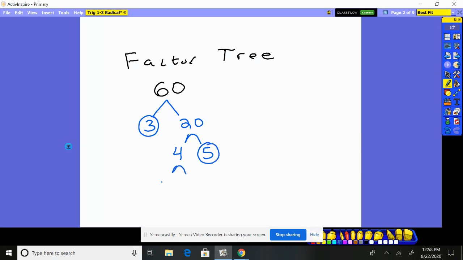And then I'm going to break 4 down to a 2 times 2, which can't go any further because they're prime. That means 60 is the prime number 2 times the prime number 2 times the prime number 3 times the prime number 5. That's its prime factorization. Again, the factor tree is what we're using to help us break the number down.